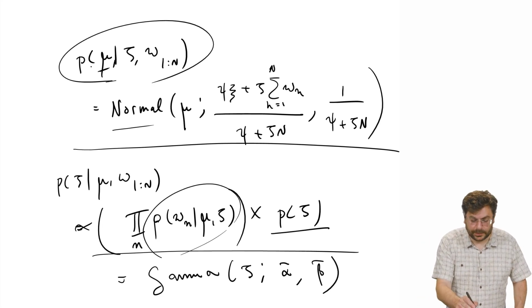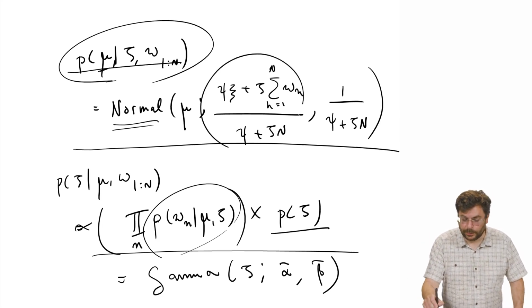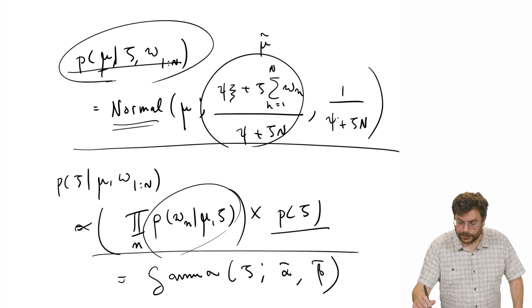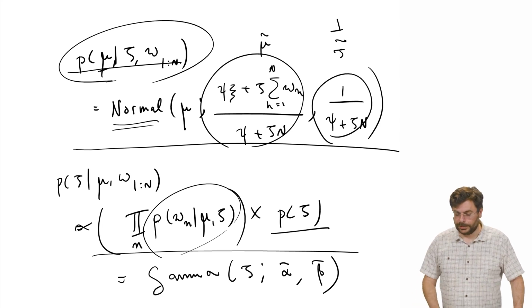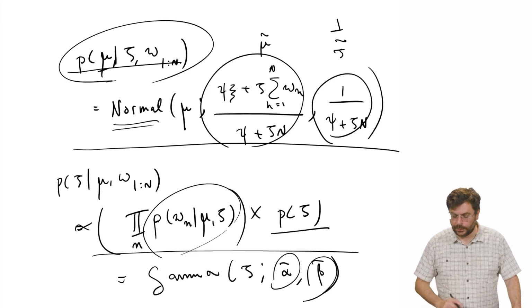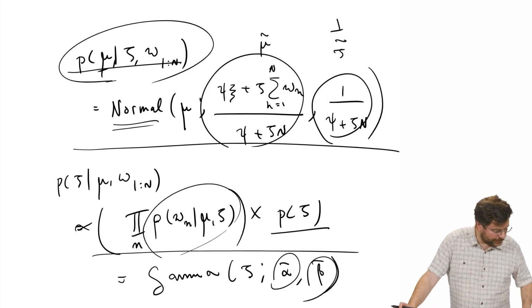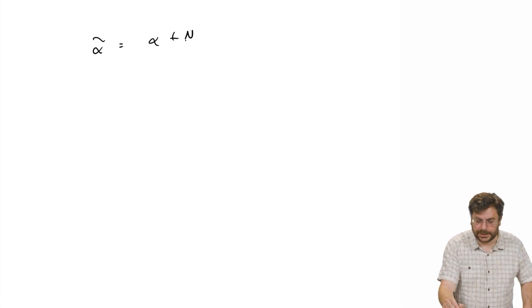Just like this was a normal with renormalized parameters, mu tilde and, well, let's say 1 over tau tilde. And what are these renormalized parameters? Alpha tilde and beta tilde. Alpha tilde turns out to be alpha plus n over 2.